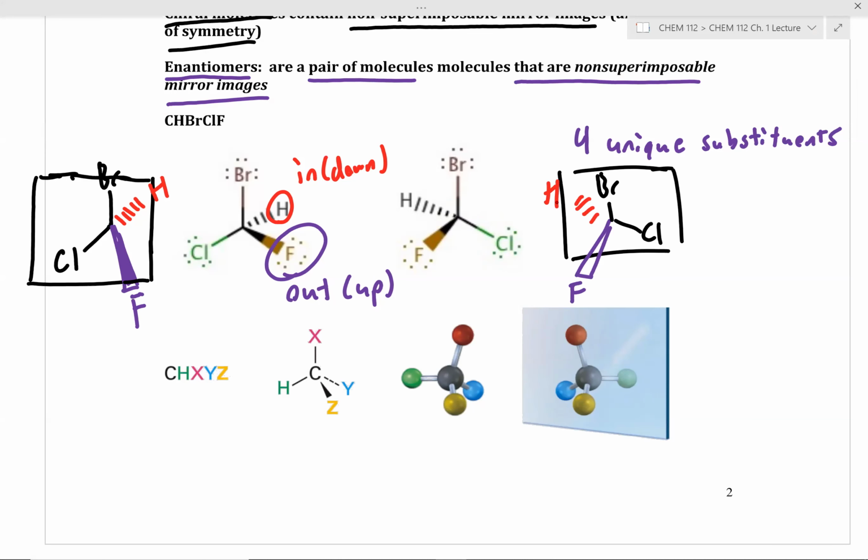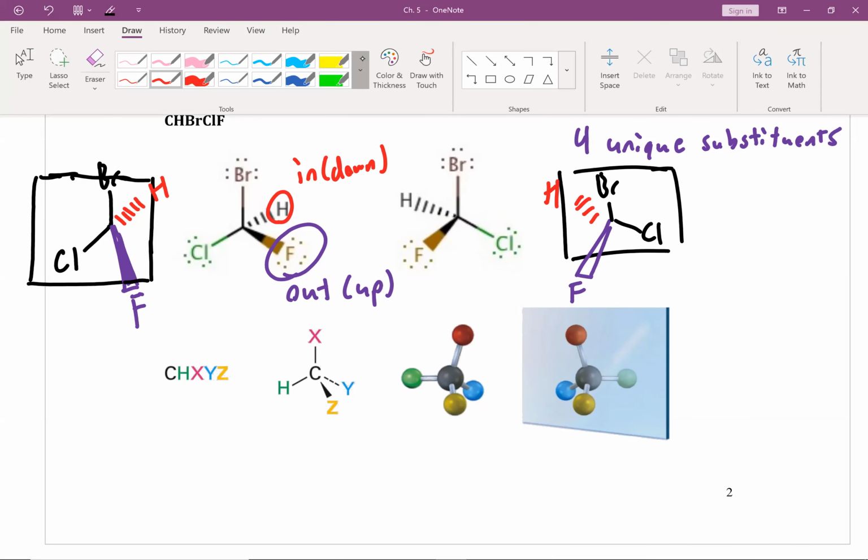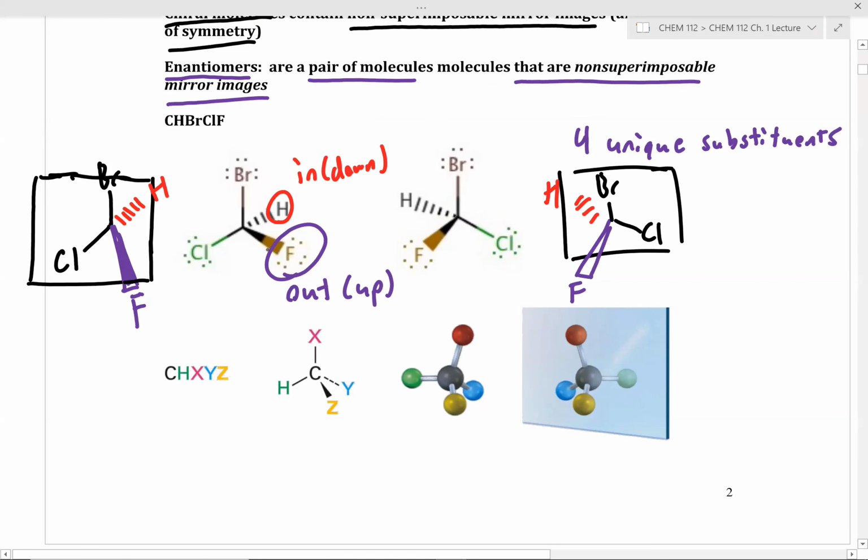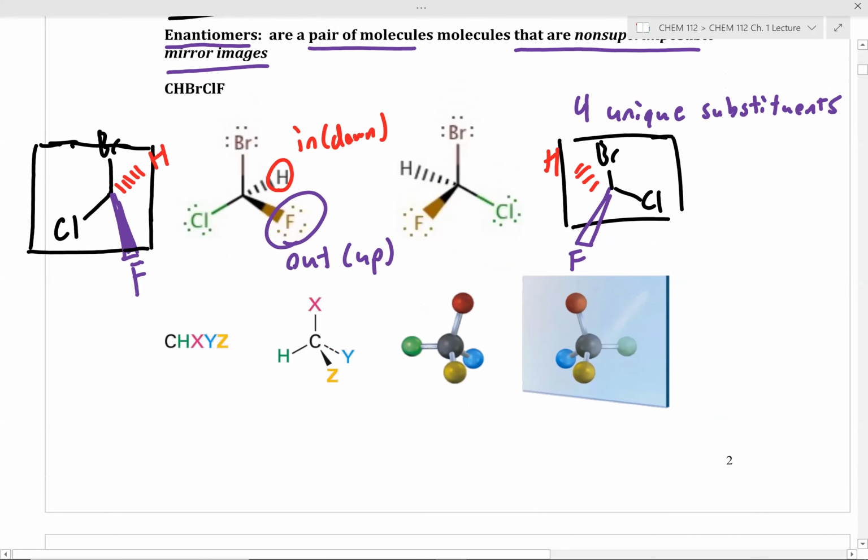And if you're playing with your model kits at this time, now would be a good time to start rotating your model kits. Our goal in this exercise is to look at these two structures, and we're going to try to rotate them to see if we can find an identical structure. Now, we'll focus more on the mechanics of how rotation works, but for now, I just want you to think that anytime you have a set of 3 substituents, so 1, 2, 3, you can exchange their positions by rotating either clockwise or counterclockwise.